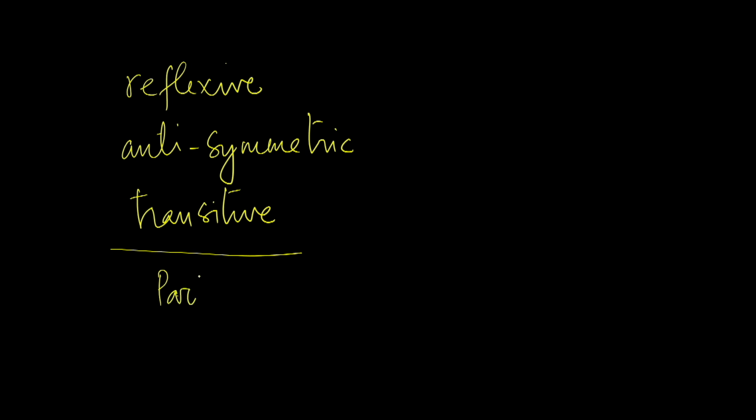So here we consider relations that are reflexive, antisymmetric, and transitive. These relations are called partial ordering relations.